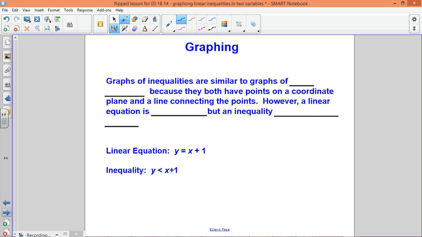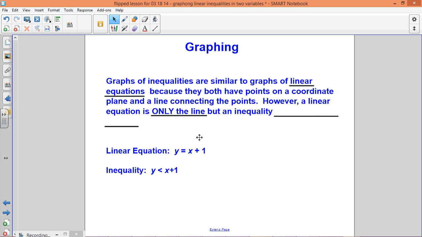Graphs of inequalities are similar to graphs of linear equations because they both have points on a coordinate plane and a line that connects the points. So we graph both of them using a line. However, a linear equation is only the line. So what we were graphing last week, the only solutions to those linear equations are the points on the line.